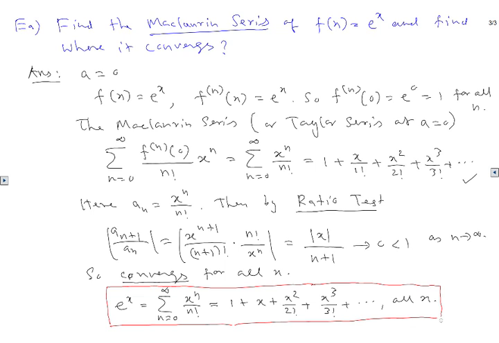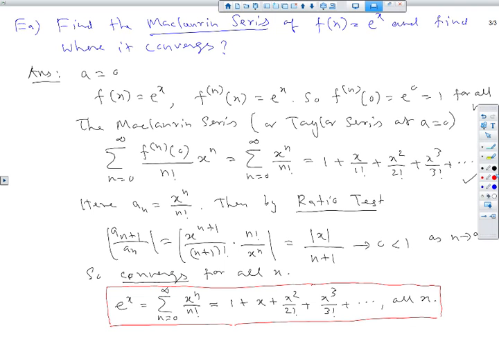Let's try to do a slightly different example. Now let's try to find a Taylor series. The previous one was a Maclaurin series, which is an easy one because it's at 0. So let's try to do a Taylor series at a different point now.